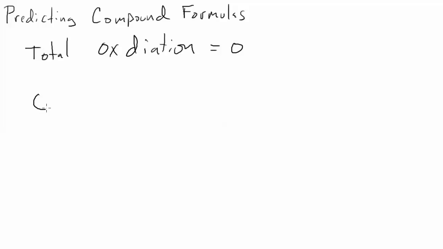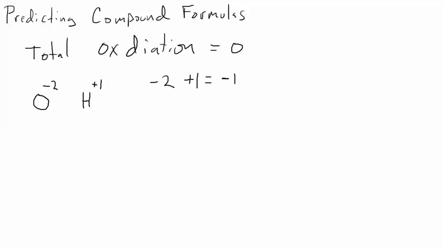We're going to look at oxygen and hydrogen. So oxygen's most common oxidation number is -2, and hydrogen's most common oxidation number is +1. So as it stands right now, we've got -2 and +1, and if you put those together, you get -1.